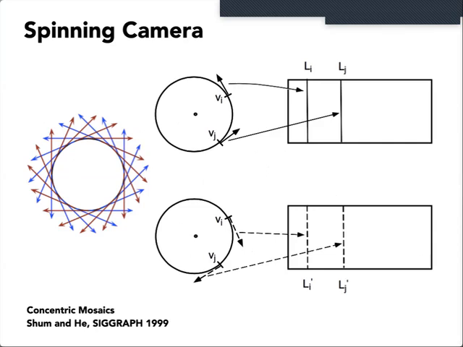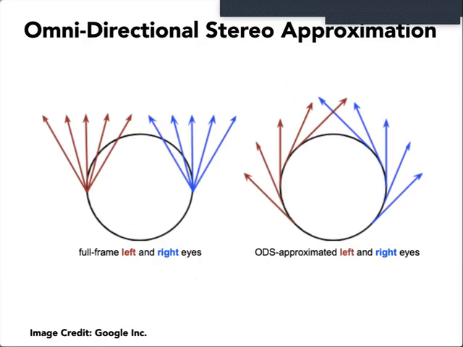Okay, anyway, I don't want to go further into the details, just to give you a flavor for how some people have tried to take the unreasonable amount of information that you need to store for omnidirectional stereo as an extension to a video format and bring it to something closer to practical.